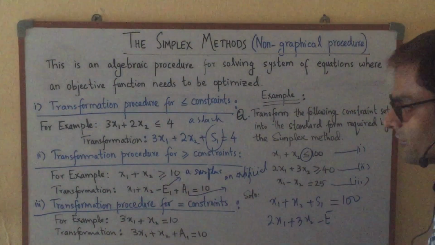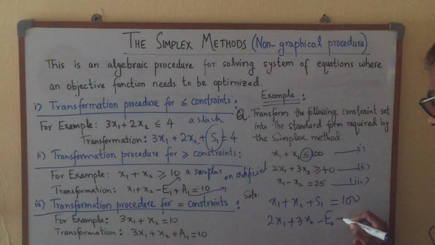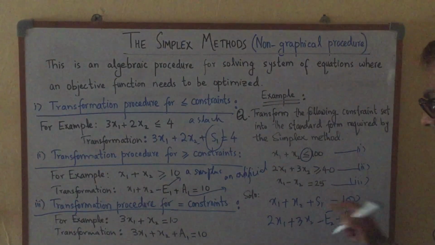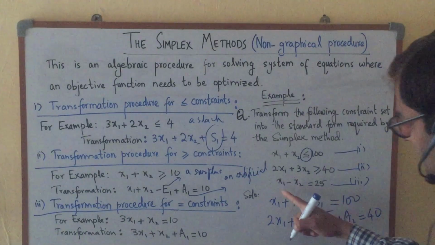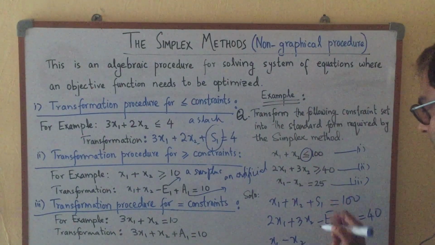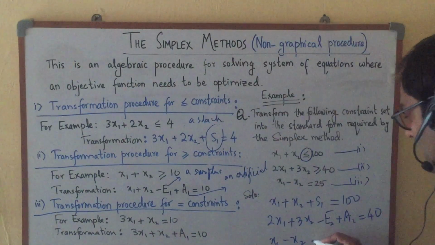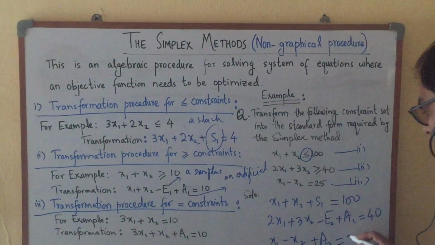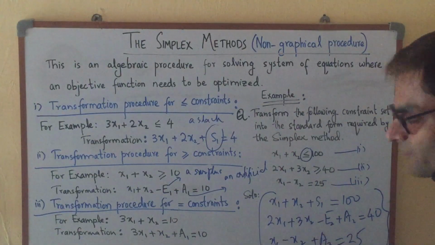These belong to the second constraint equation, so we add e2 and a2: 2x1 plus 3x2 minus e2 plus a2 is equal to 40. For the third constraint, x1 minus x2, you see the equal sign, so we add one artificial variable: x1 minus x2 plus a3 is equal to 25. So this is the transformation.